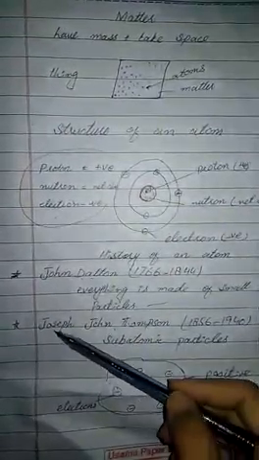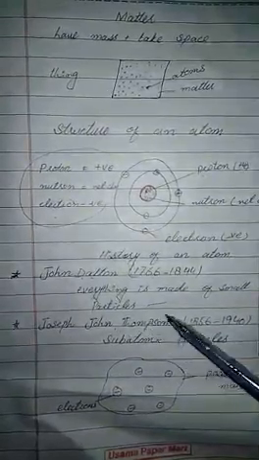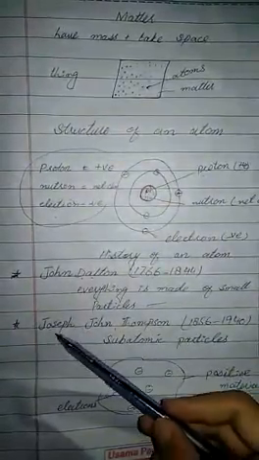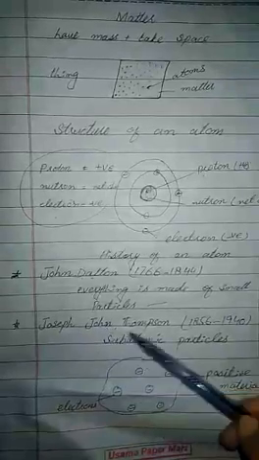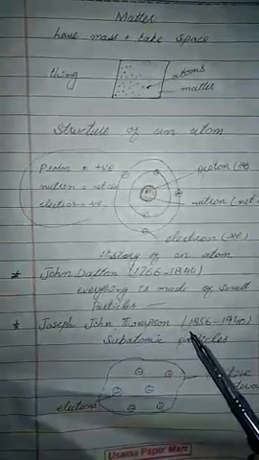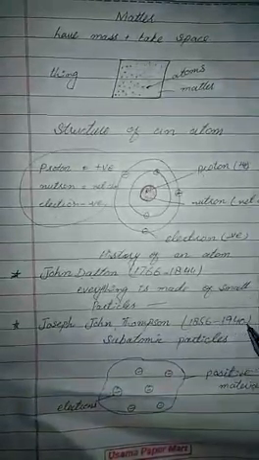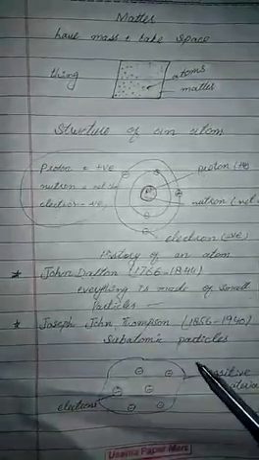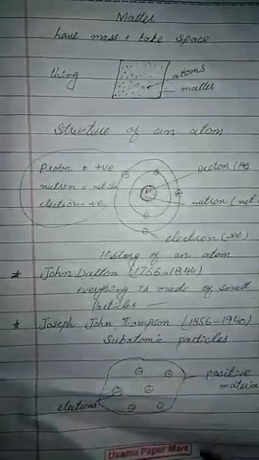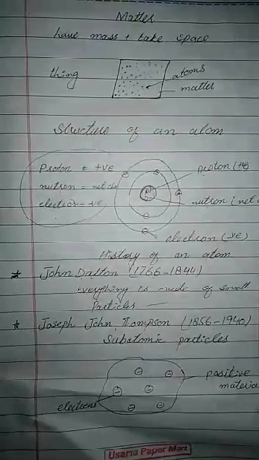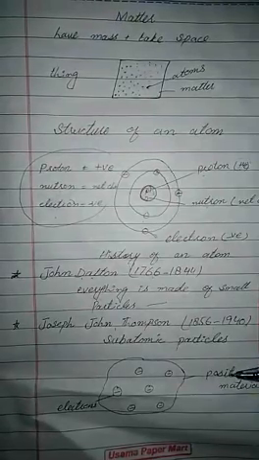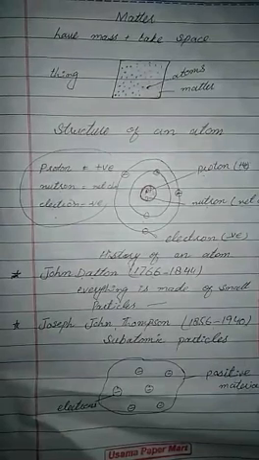Next scientist was Joseph John Thomson. He worked from 1856 to 1940. He had the idea that there were particles even smaller than the atom.